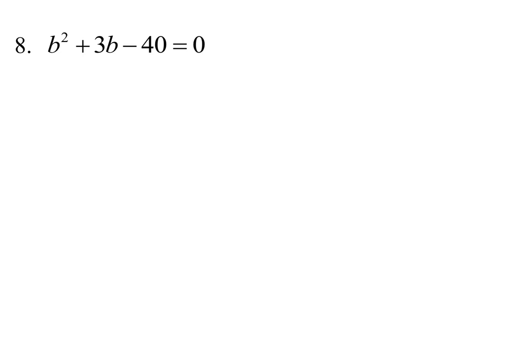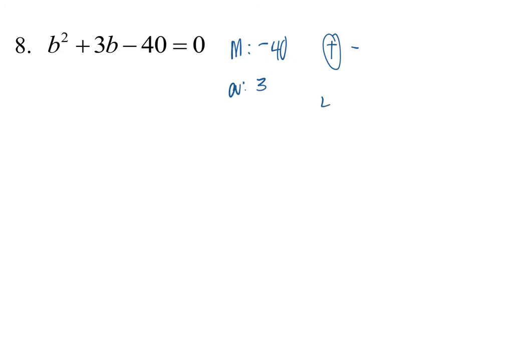So we need factors that multiply to give me a negative 40 but add to give me a positive 3. If you're multiplying to get a negative, then your signs are different. And if we're adding to get a positive 3, then our larger number will be positive and the smaller factor will be negative.